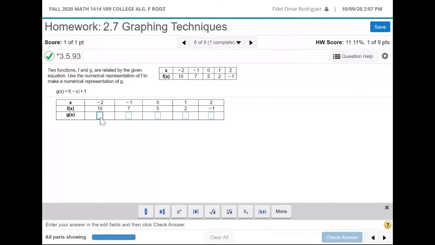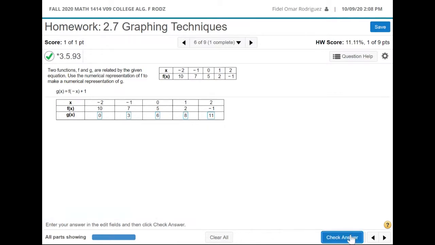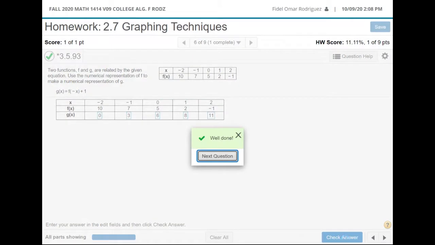Remember what the numbers we came up with were? Wasn't it 0, 3, 6, 8, and 11? Okay. We're going to go chickadee check, and boom.